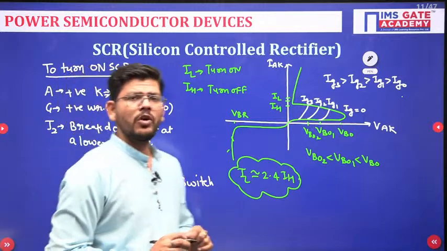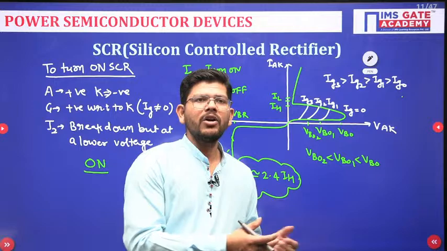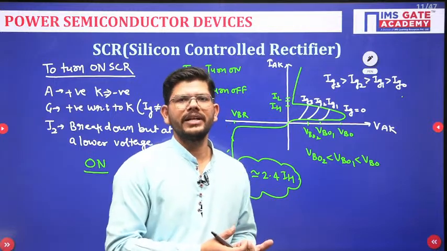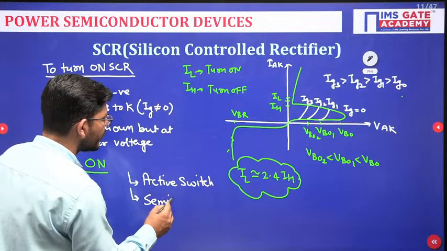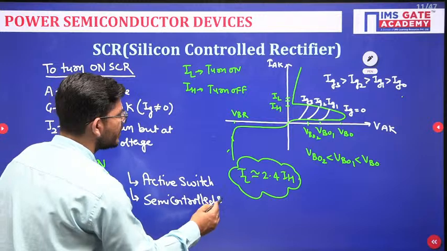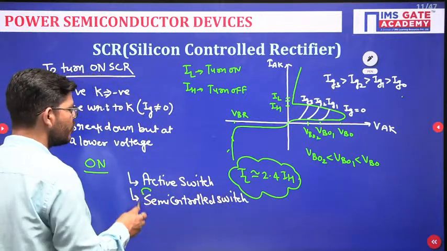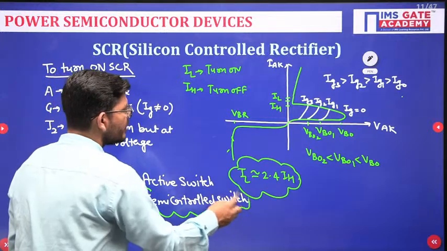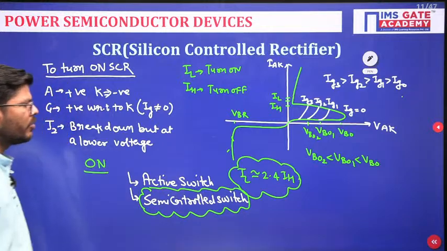Through the application of a gate signal we can turn it on, but we cannot turn it off by applying a negative gate signal. So this is a semi-controlled switch, which is very important. We cannot have full control over the on and off process. We have control over the on process, but not over the off process.